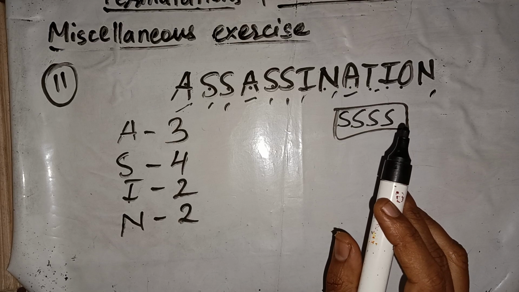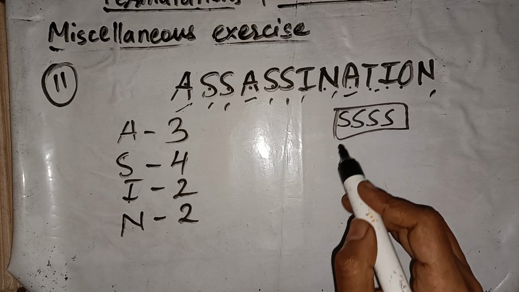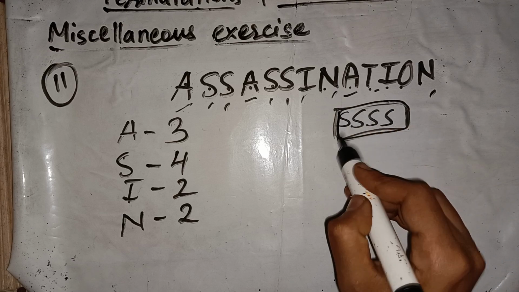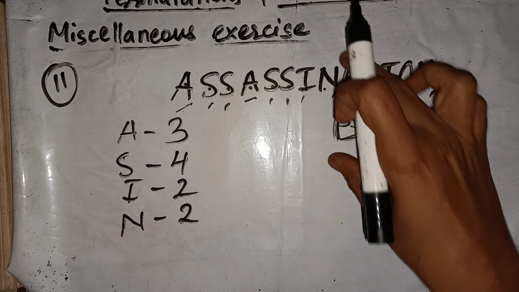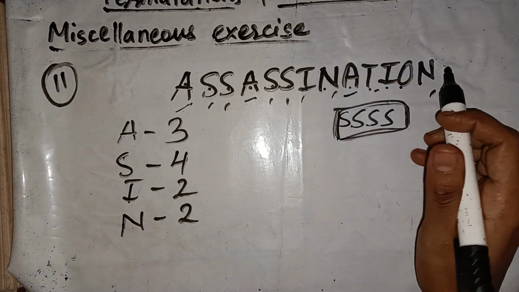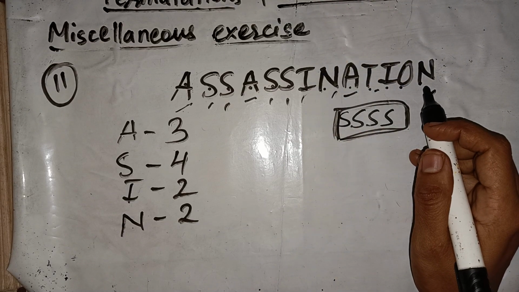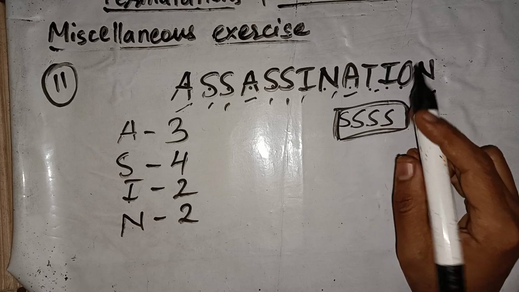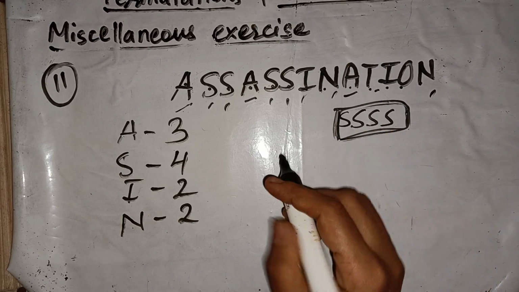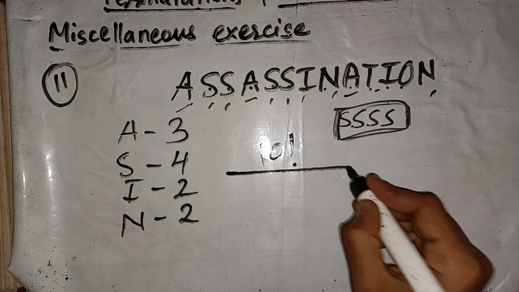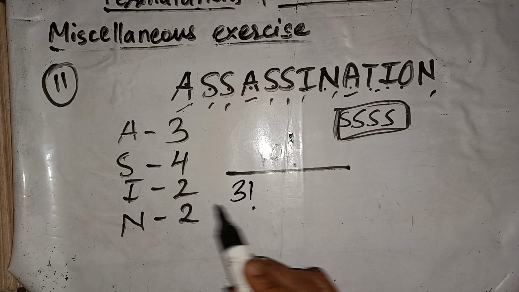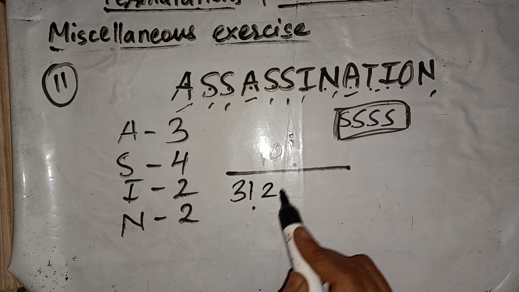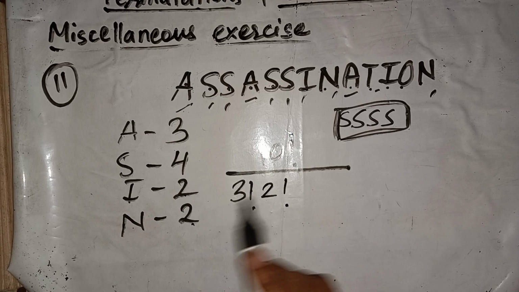And this I'm considering as one letter. So together with the remaining 9 letters and this one, total is 10. So 10 factorial upon, how many are repeating? 3, then 2, and this 2.